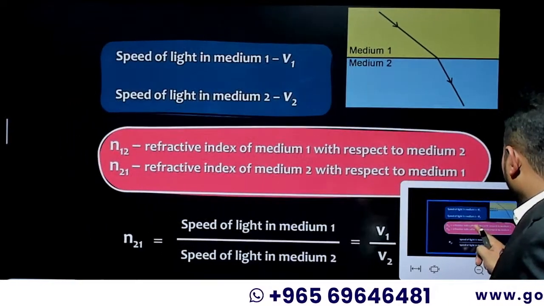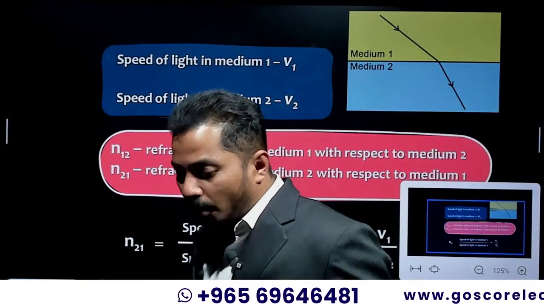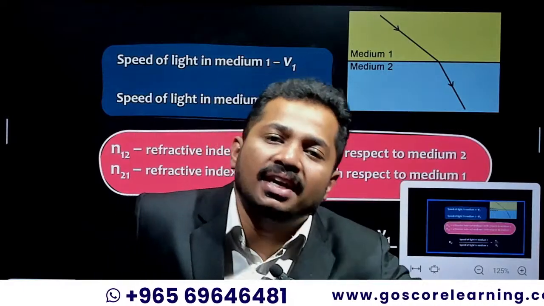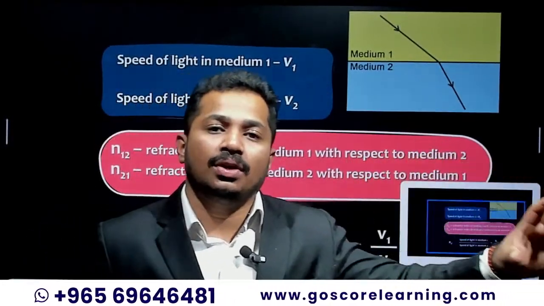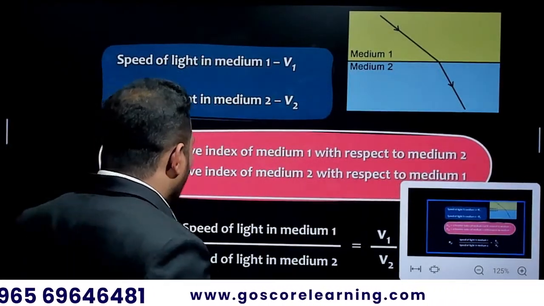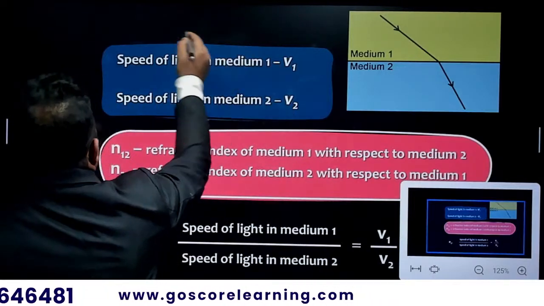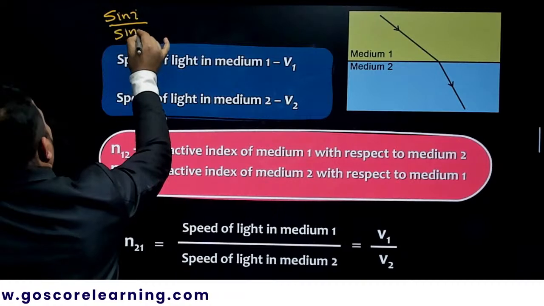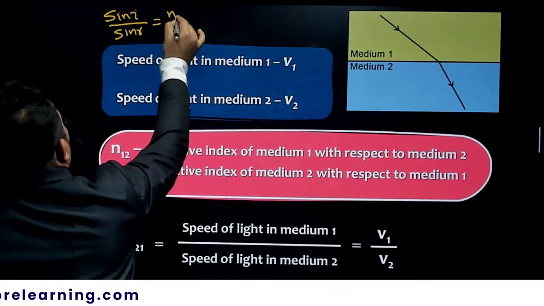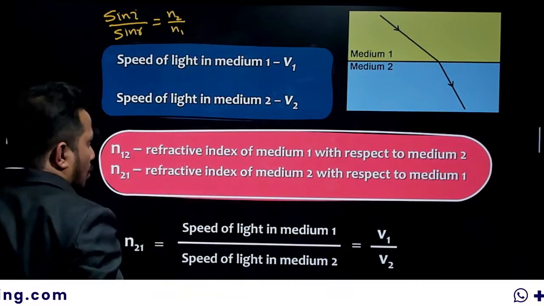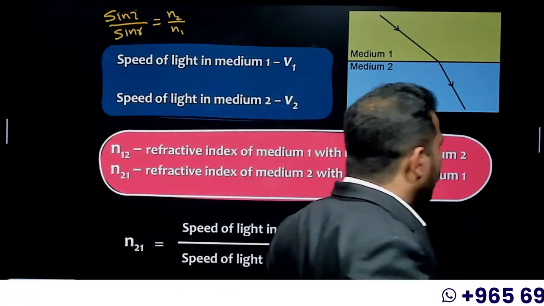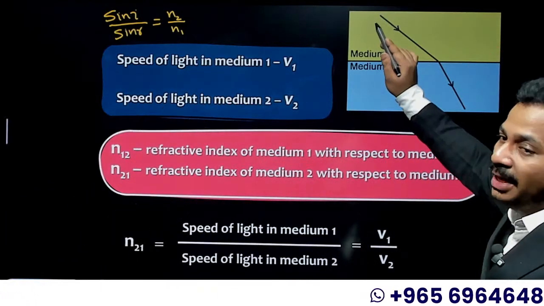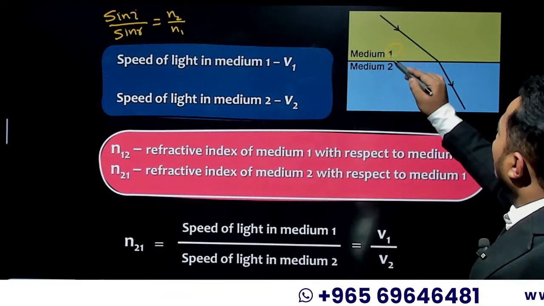Now we can define refractive index. Here we are going to define relative refractive index and absolute refractive index. The actual equation is sin i by sin r is equal to n2 by n1. What is n2 by n1? There should be two media, medium 1 and medium 2.